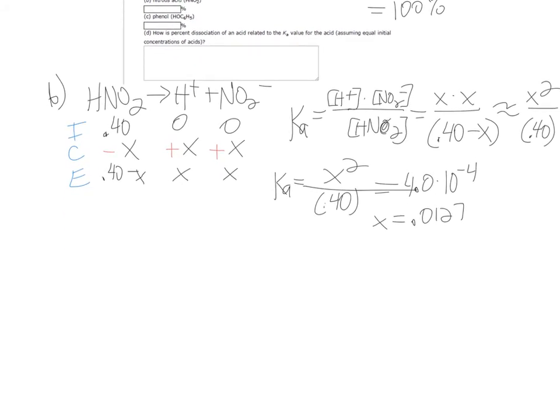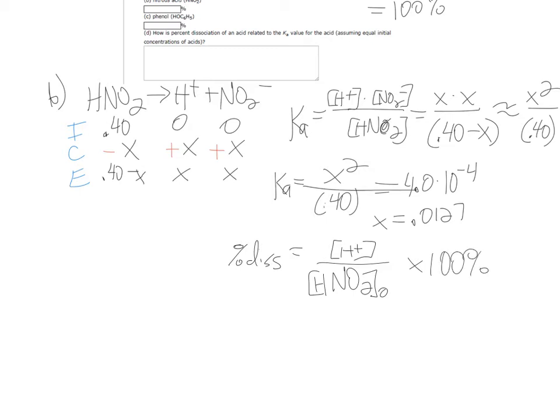Percent dissociation then can be found by taking the concentration of the hydrogen ion at equilibrium all divided by the initial acid concentration and multiplying by 100 to make it a percentage.